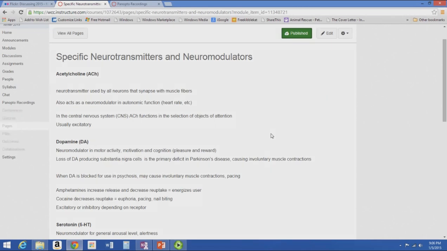Pretty interesting. So dopamine is a neuromodulator in motor activity. It's in motivation and cognition, sort of the pleasure and reward cycle. If you get a chance to look at that mouse party link, you can see that a lot of the recreational type drugs, or whatever you call them, affect dopamine.